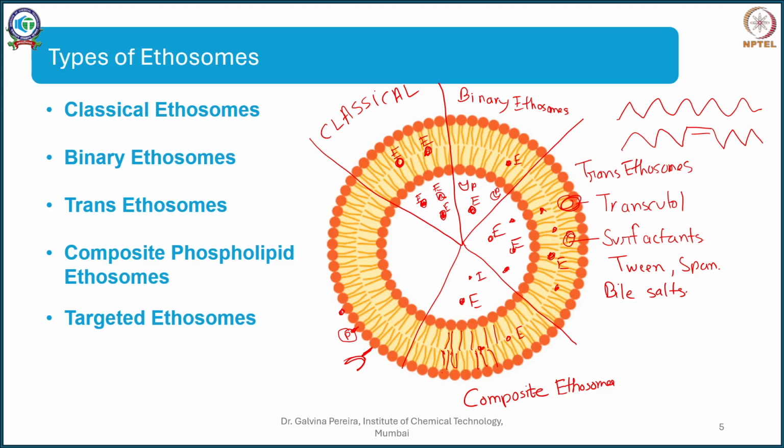So you will see different moieties being added to achieve a specific target. This antibody will go and bind to a specific region, or some charges are associated with it. Such kind of functionalized phospholipids are prepared, and that type of ethosomes are called your targeted ethosomes.